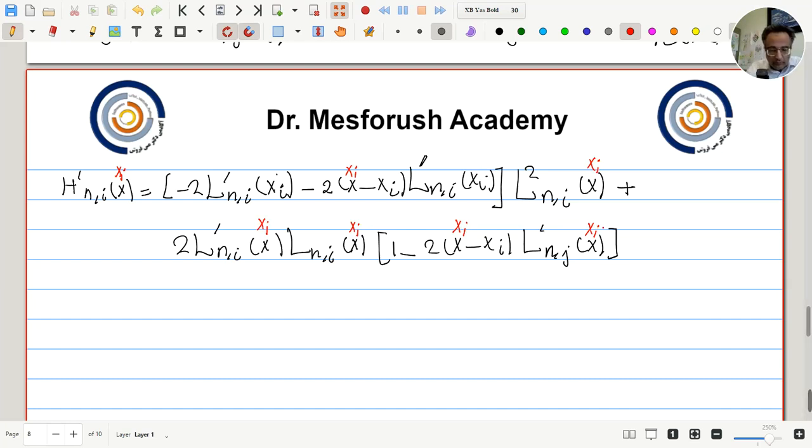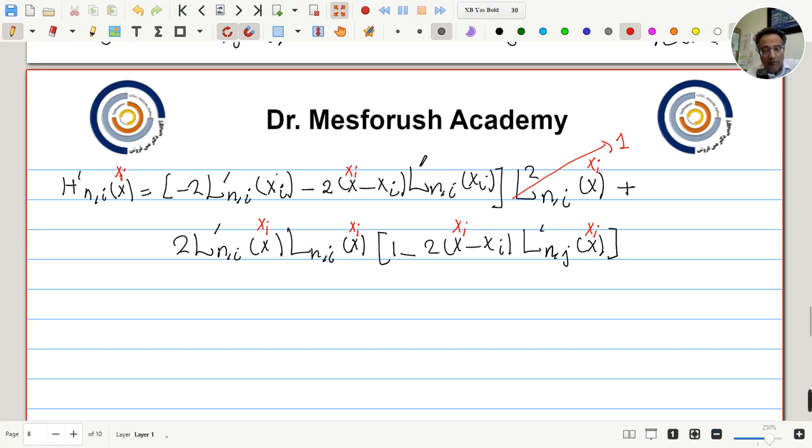Okay, now look at here. If you put instead of x equal to xi, the first part here we keep it, okay? And let me consider something. This should be 1, right?